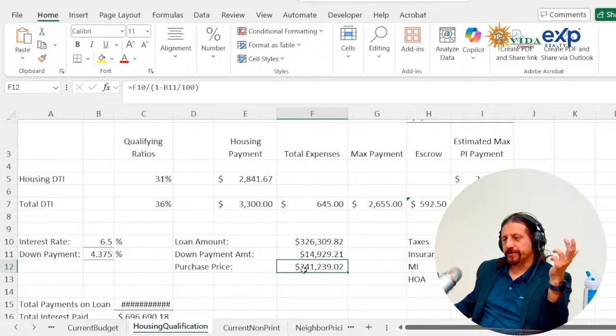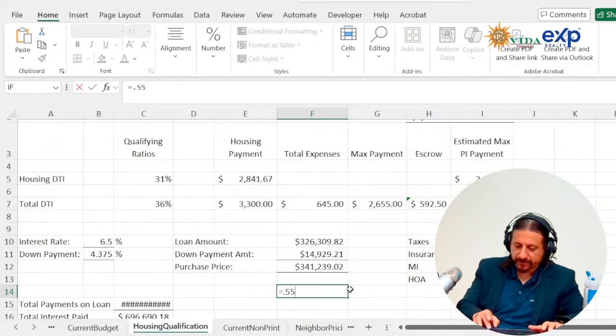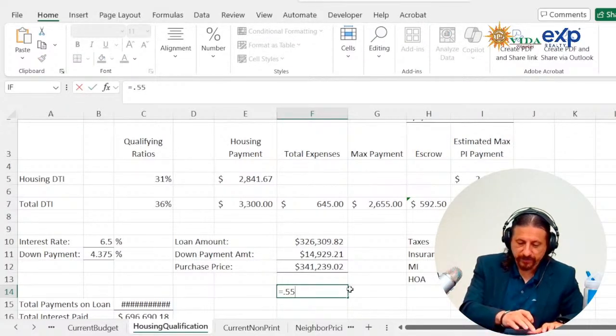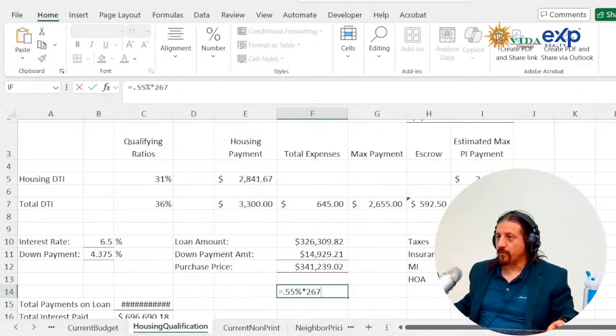We work backwards, but basically, since it's based on the loan amount, they just do it here, 0.55%. But you can just add more zeros in there. For what was the amount? $267.